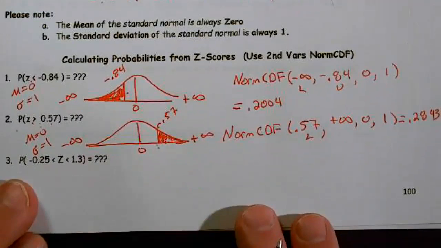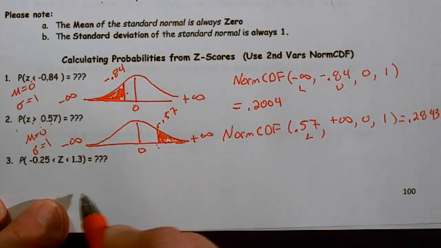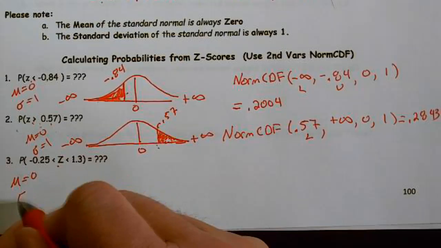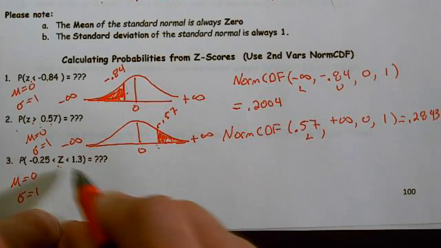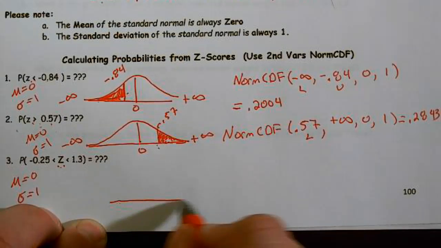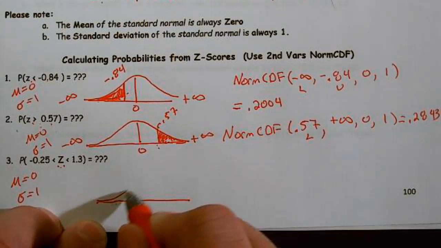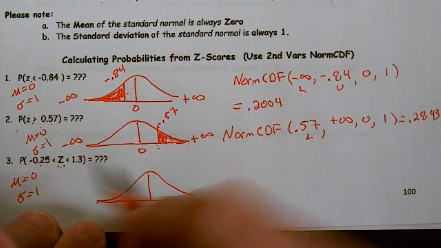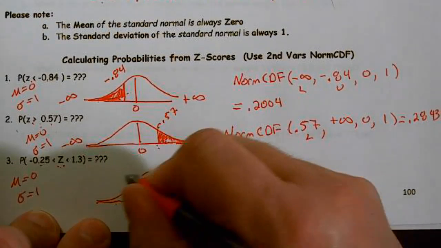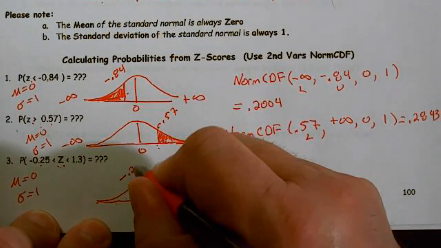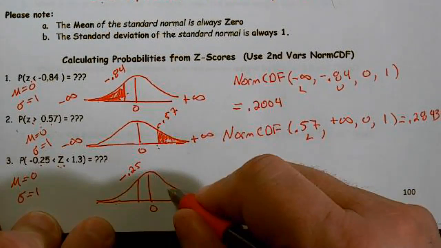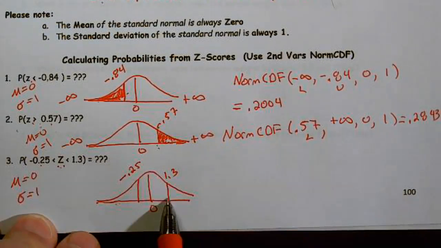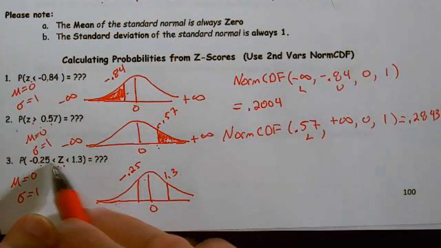On the last one, again, we're working with the z, so we know my mean is 0, we know my standard deviation is 1, and we know it's centered at 0, because that's the mean. And I have a negative value, so that means it's below 0, so this is negative 0.25, and then I have a positive value, which is 1.3, which is above 0, and they want the area in between.